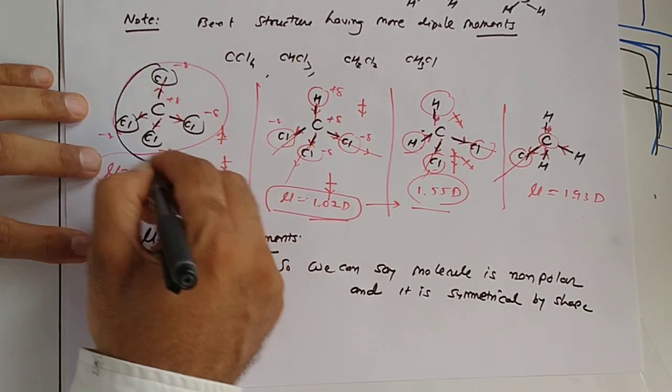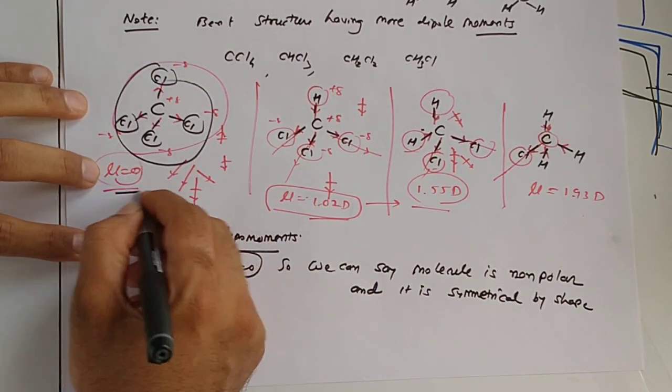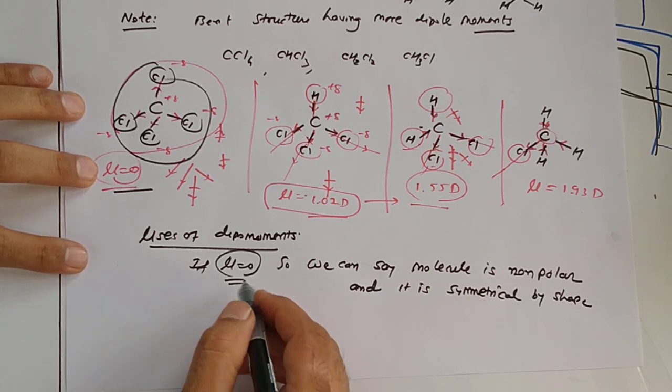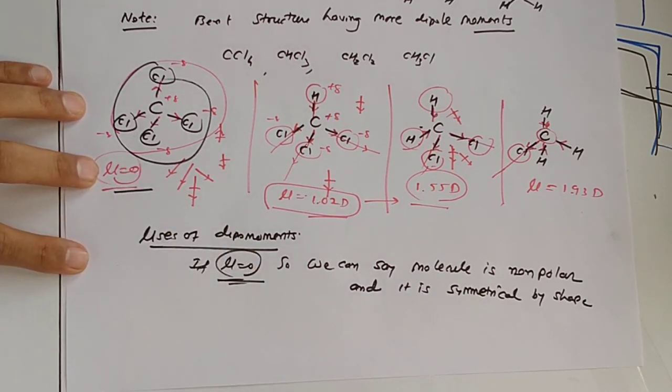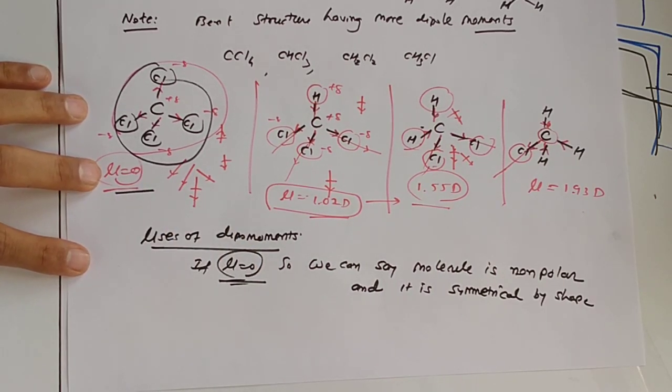You can see this one is symmetrical, dipole moment 0. Yes, mu is equal to 0 means dipole moment 0 and symmetrical by shape.